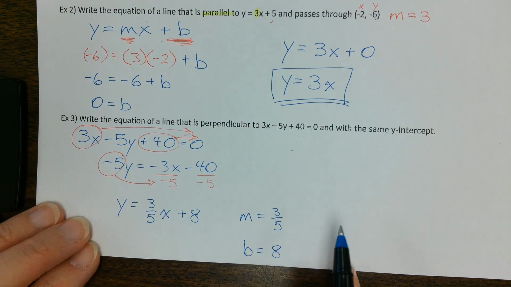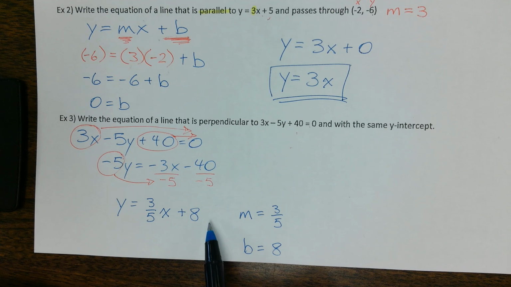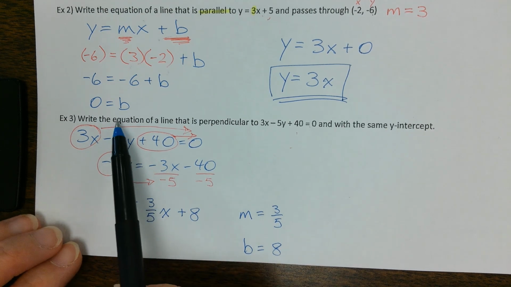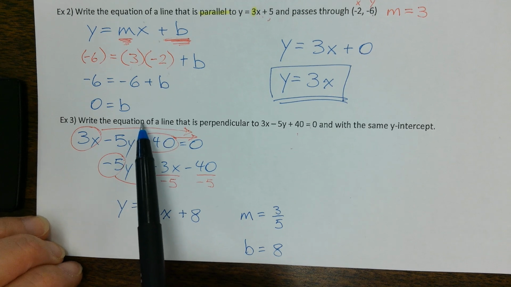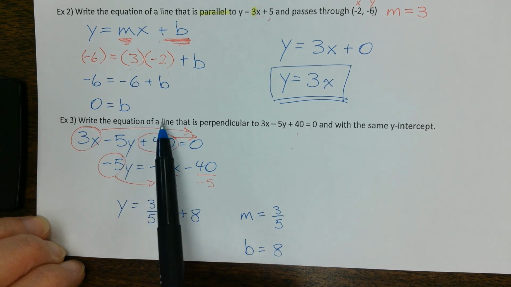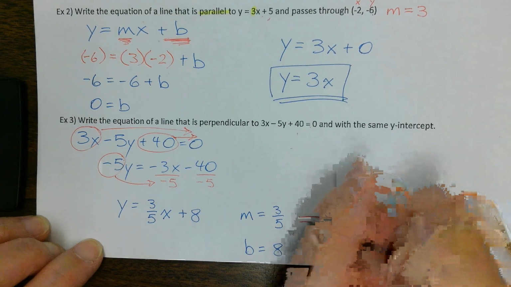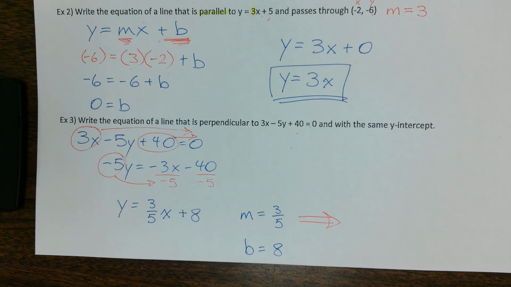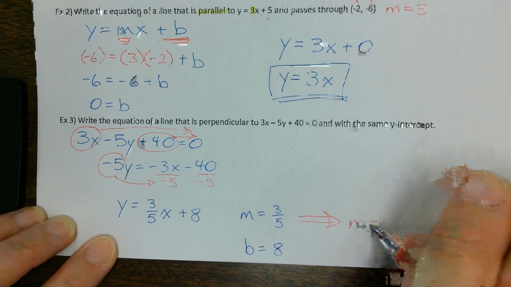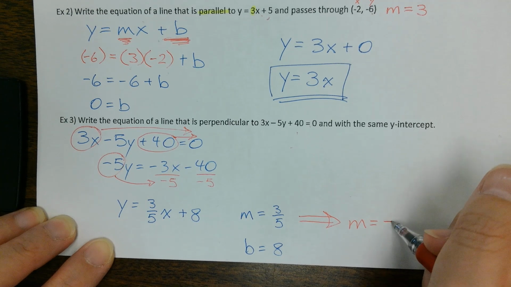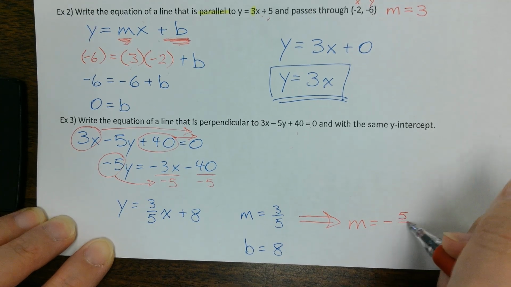Alright, now I don't want this equation. That's good. You did half the question, but I wanted you to write another equation. Write the equation of a line that is perpendicular to this. So perpendicular to this means my slope is going to be, what is it? 5 over 3, negative 5 over 3. Yeah.